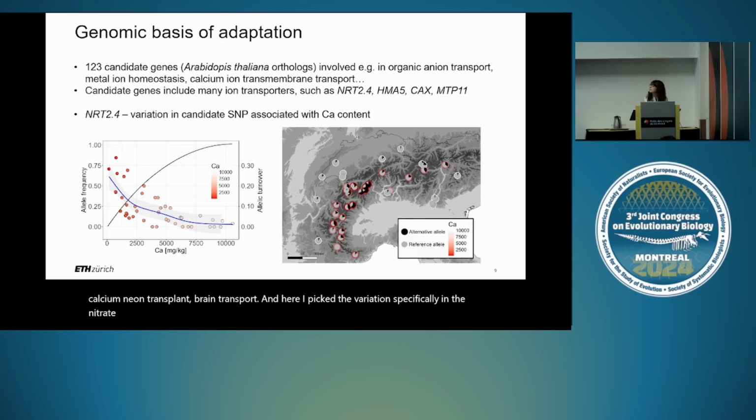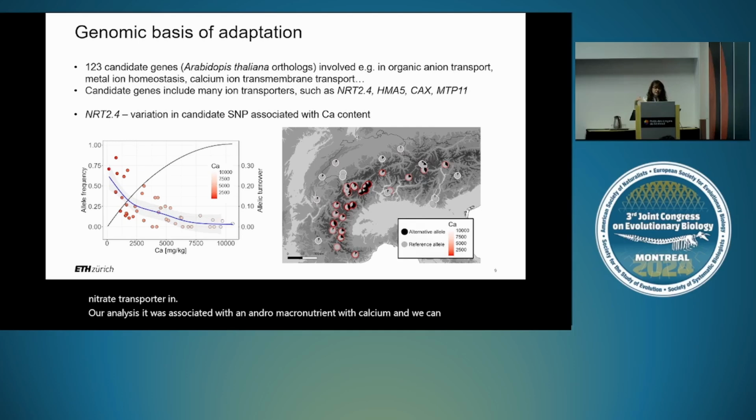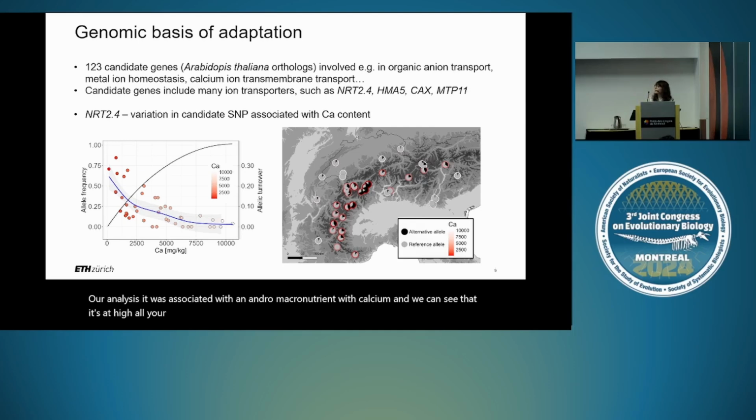In our analysis, it was associated with another macronutrient, calcium. We can see that it is at high allele frequencies mainly in populations coming from low calcium content, and from the output of the GDM, the spline indicates the strongest selection at low calcium values.